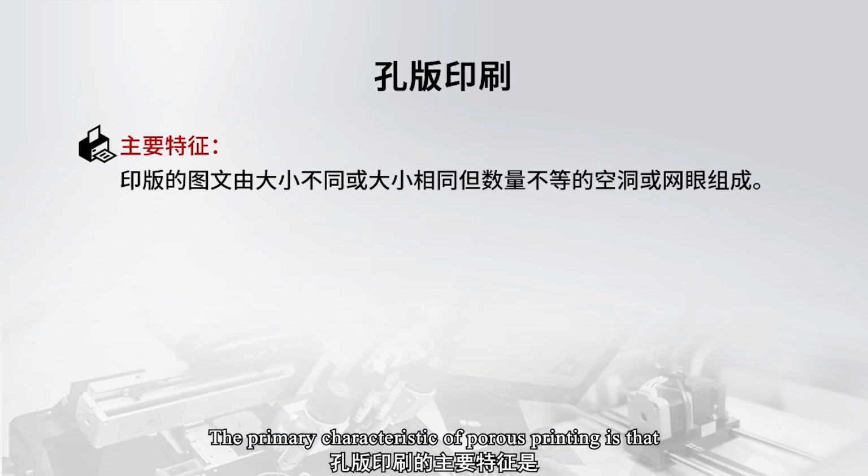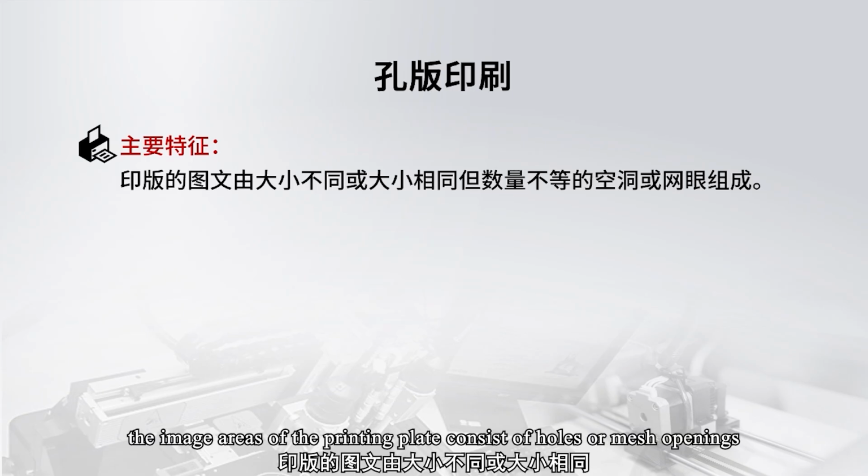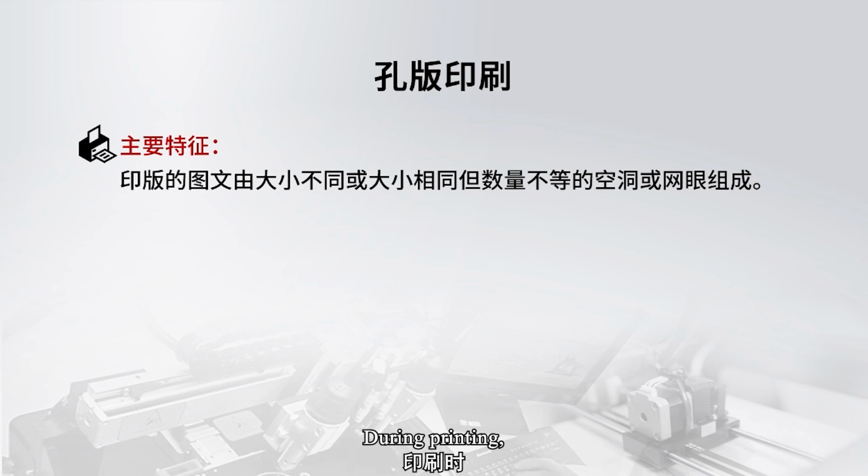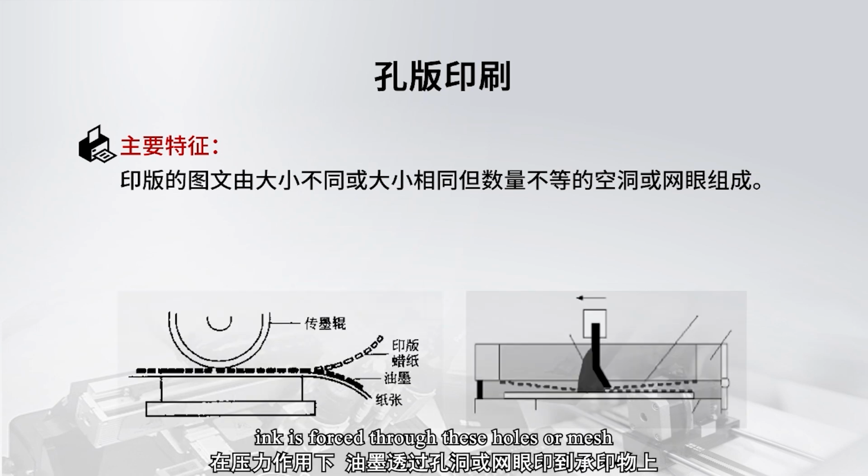The primary characteristic of porous printing is that the image areas of the printing plate consist of holes or mesh openings that vary in size or are uniform in size but differ in quantity. During printing, ink is forced through these holes or mesh onto the substrate under pressure.